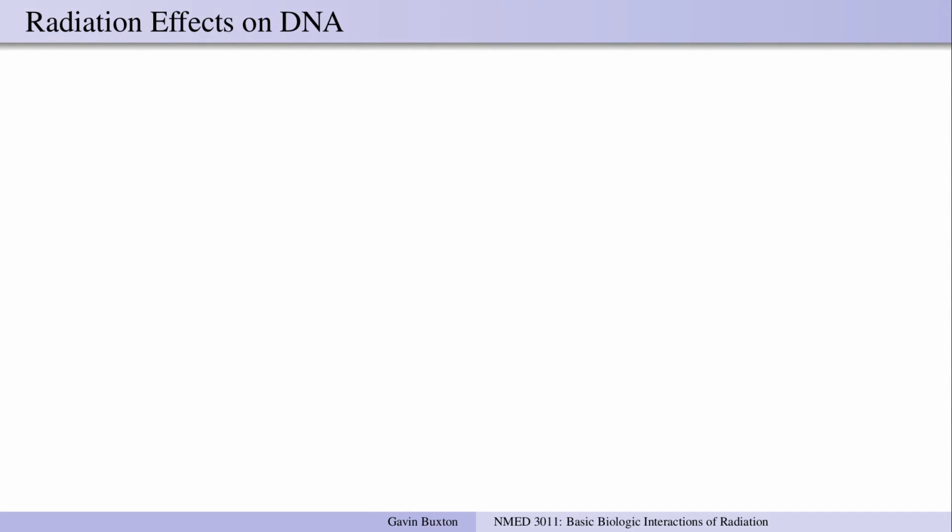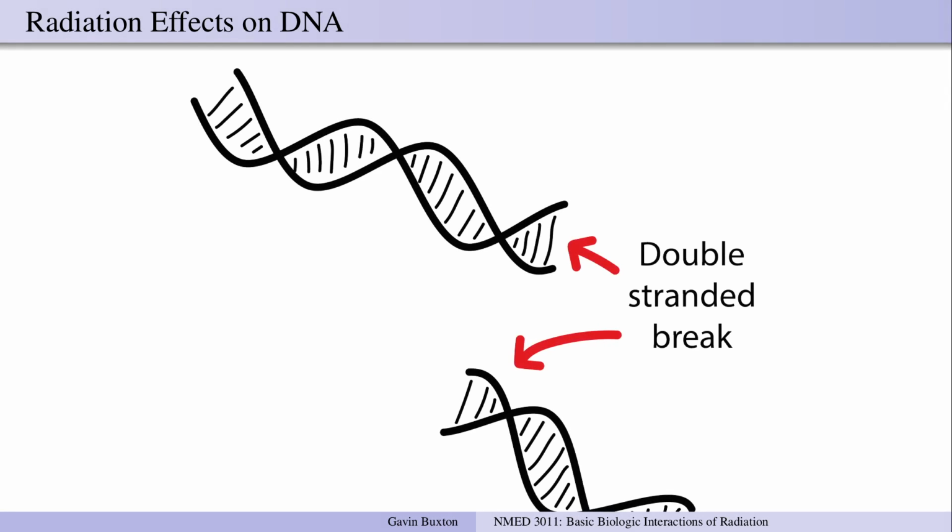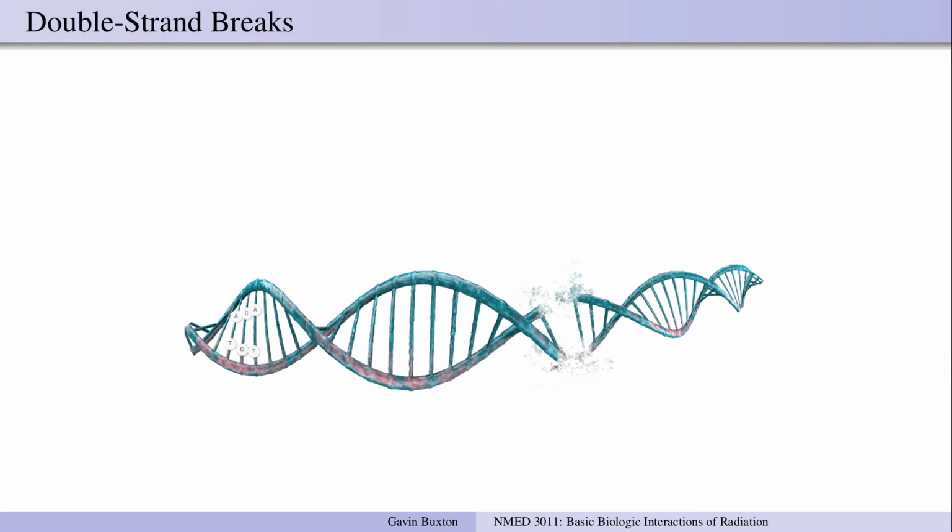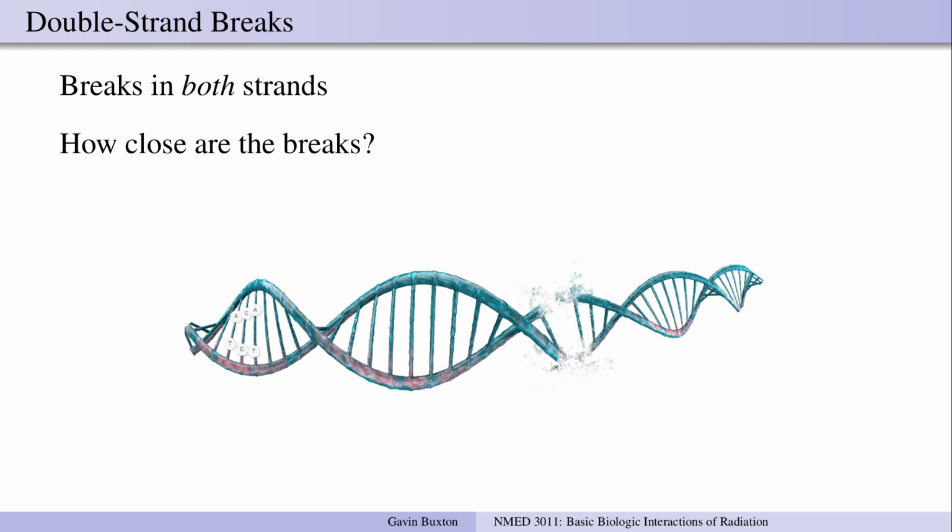When we think about more consequential damage, we're talking about double strand breaks. So these are much more damaging to the cell. This occurs if both strands break opposite one another, or if the single strand breaks are separated by only a few base pairs.